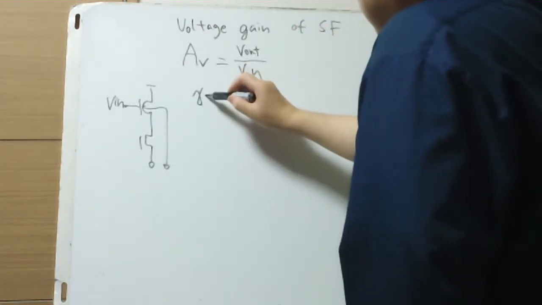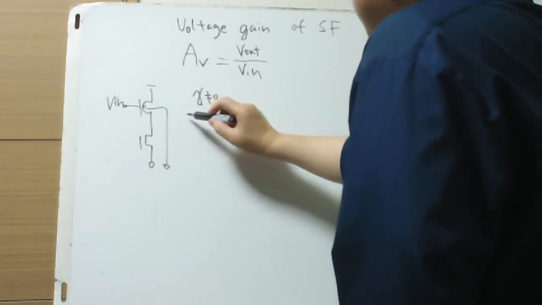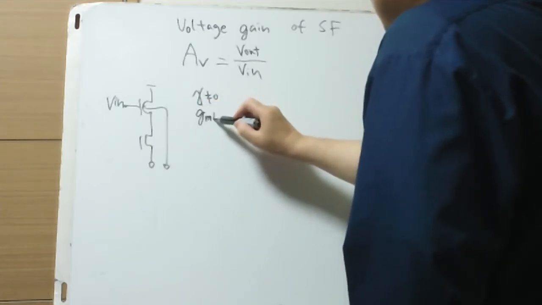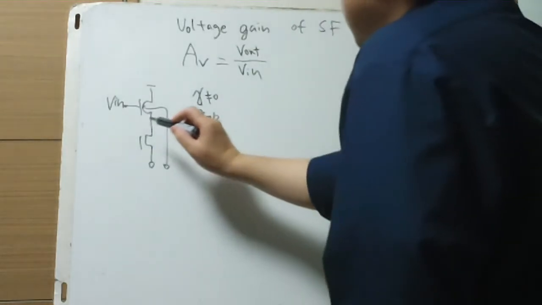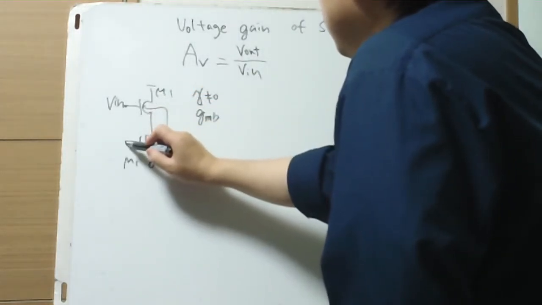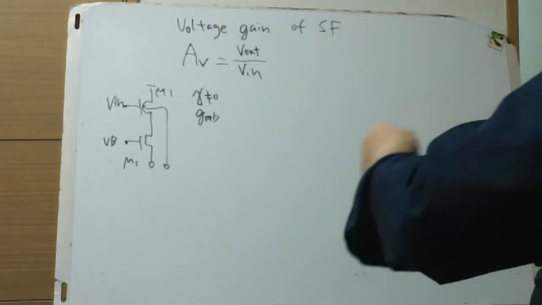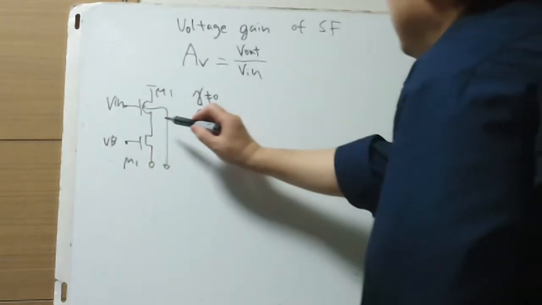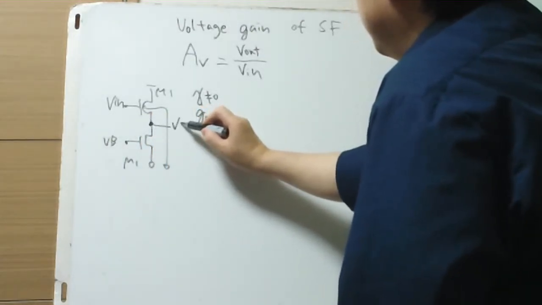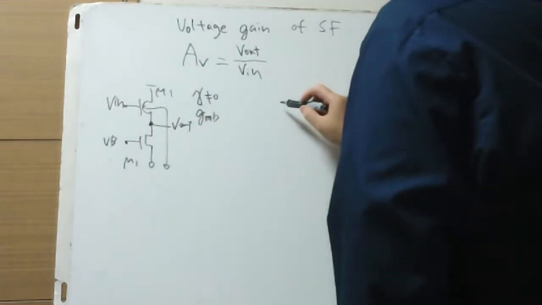Gamma is not equal to 0, and so we have GMB, and G. This is M1 and M2, and this is a constant biased current source, and this is the output, input, output.